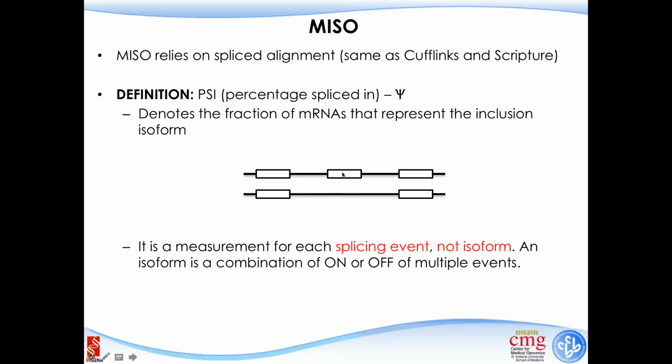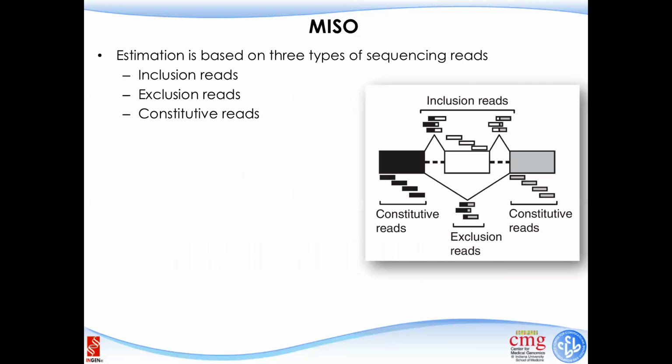And it's measured for a splicing event, not for an isoform. Please keep in mind, there can be multiple isoforms sharing one inclusion event, but this is more event-centric, not isoform-centric. The isoform is a combination of on and off of multiple events.